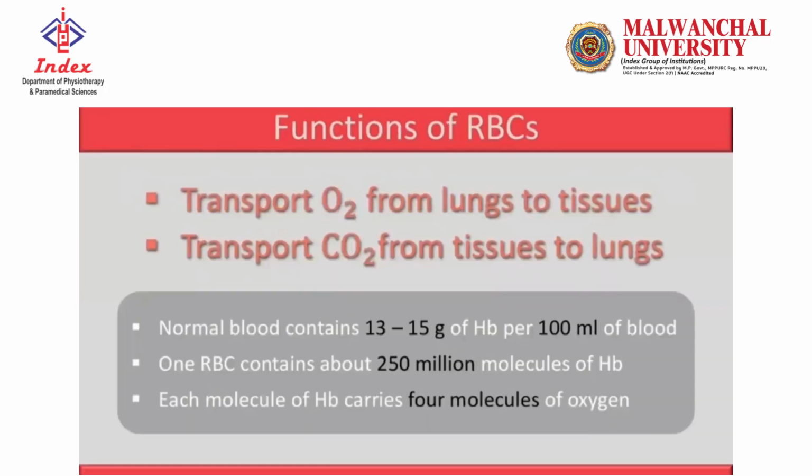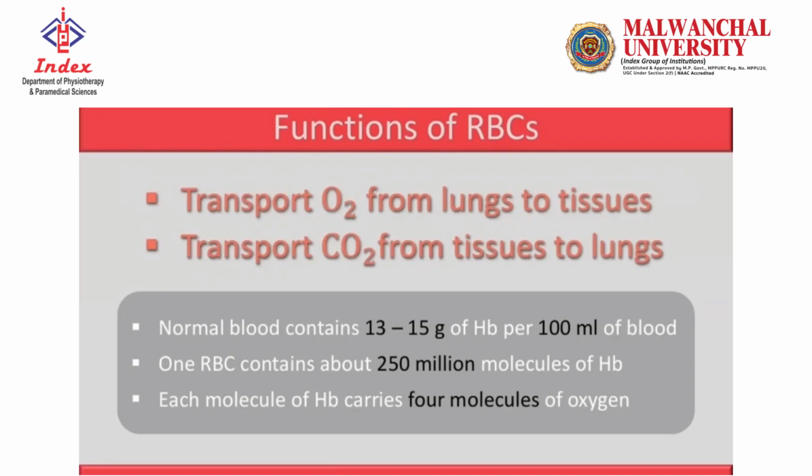Now we'll discuss functions of RBCs. RBCs mainly transport O2 from lungs to tissues and transport CO2 from tissues to lungs. Normal blood contains 13 to 15 grams of hemoglobin per 100 ml of blood.